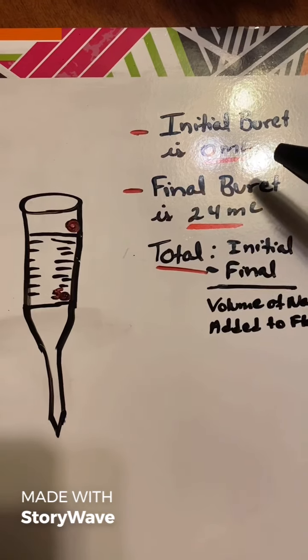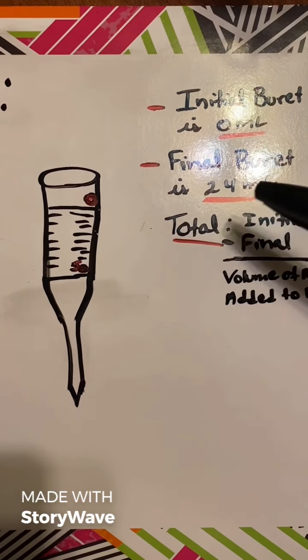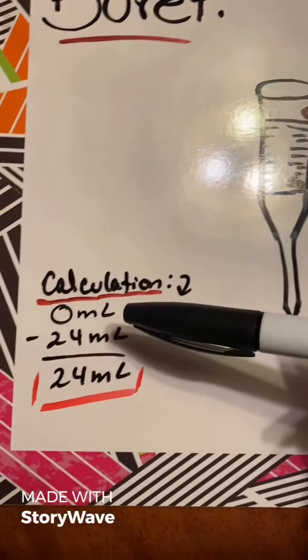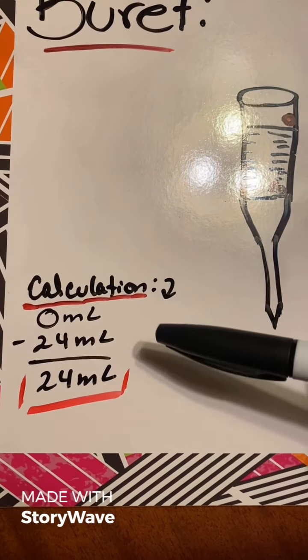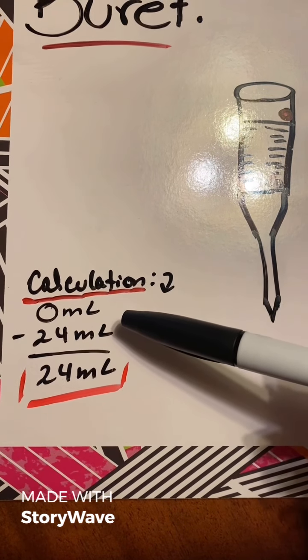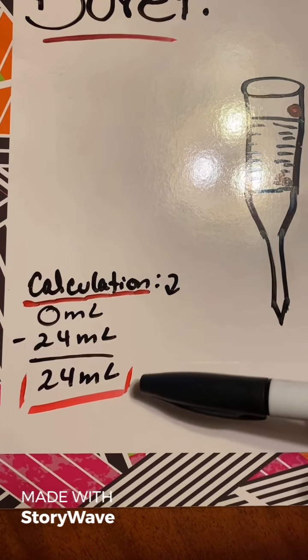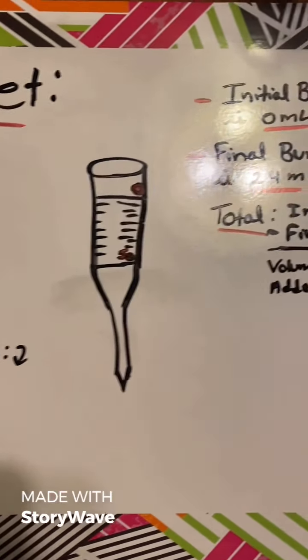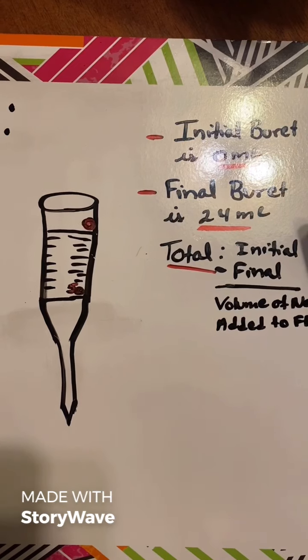So the initial is a 0 and the 24 is the final. How do we do it? We just get the 0 minus the 24 milliliters, and it's going to give us 24 milliliters of the solution of NaOH.